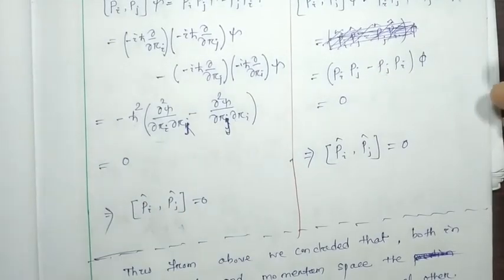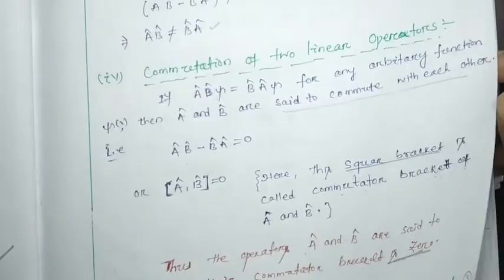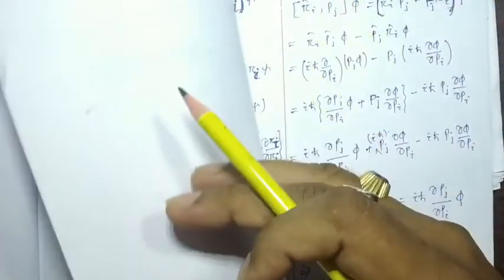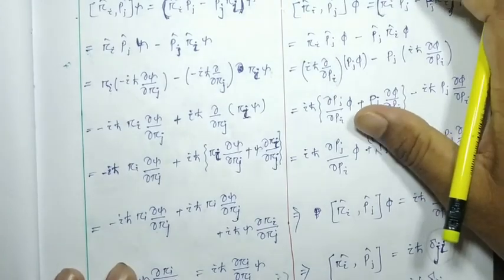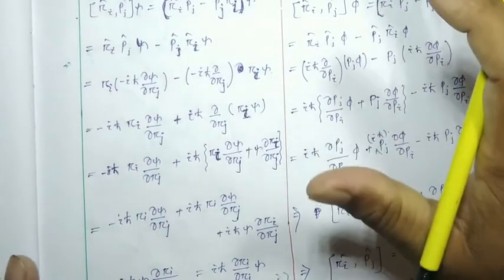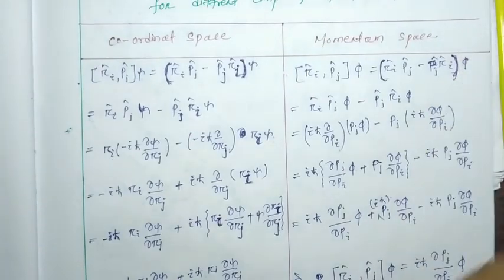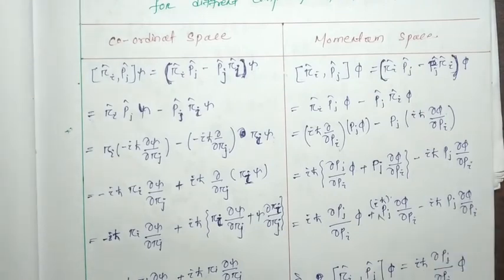It is the most important chapter, because many questions are asked from this chapter, not only in your university exam but also in all the entrance examinations. From commutation, 1 or 2 questions are a must. So go through this chapter carefully, write the notes, and if there is any doubt we can discuss.